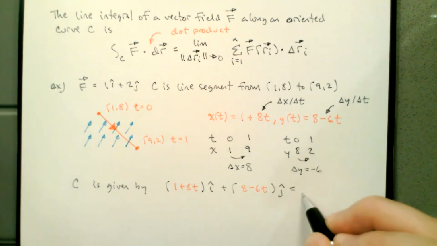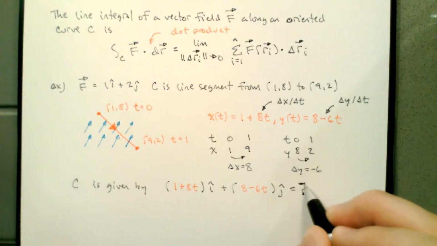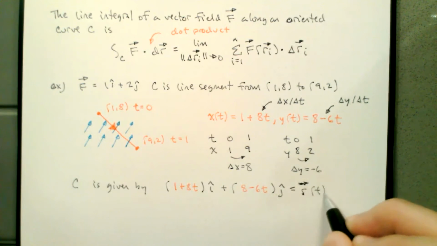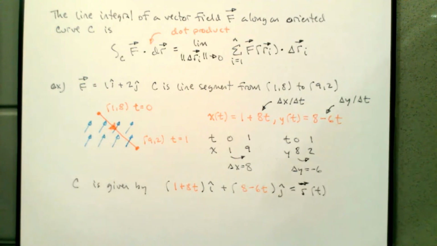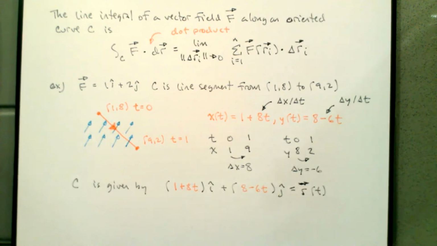And so this is going to be our curve, parameterized. And this is for t between 0 and 1.